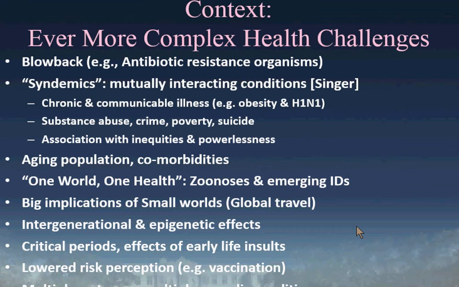These include challenges that involve interactions of multiple conditions. Perhaps it's substance abuse, violence, and AIDS, for example. In some communities, perhaps it's interaction of things like TB and diabetes. On the one hand, communicable, on the other hand, chronic metabolic disease, but their interactions are substantial because of adverse immune system impact.